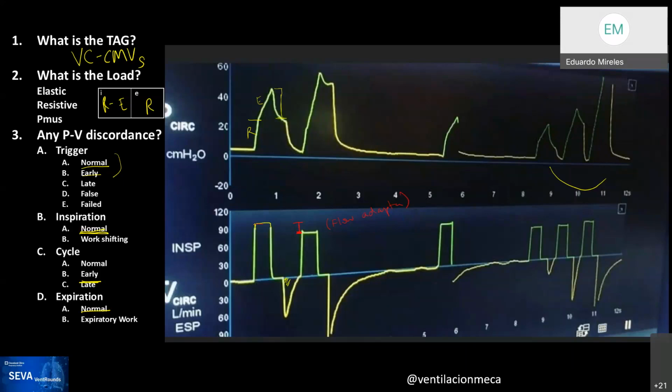The second question, Ariel made a comment that what if the I-to-E ratio was preset instead of the inspiratory time? So I think in the configuration of the ventilator, you can cause it to have a preset inspiratory time.